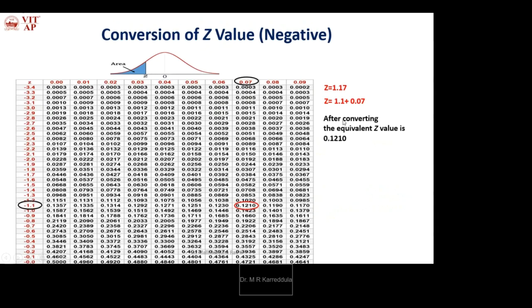So the equivalent value is 0.1210, that is 12%. There is a 12% chance of risk occurrence in the project development. In this way, we have to calculate the probability of meeting target dates for the whole project or for individual project events, if the event has a target date.